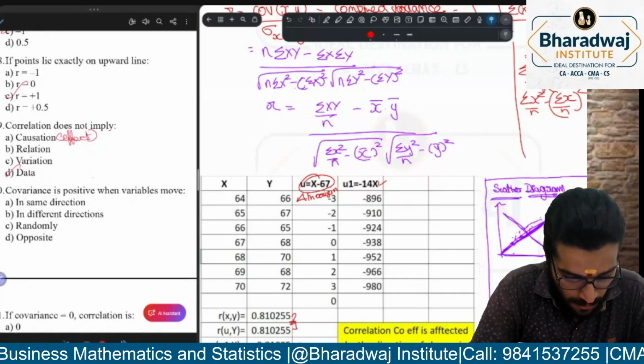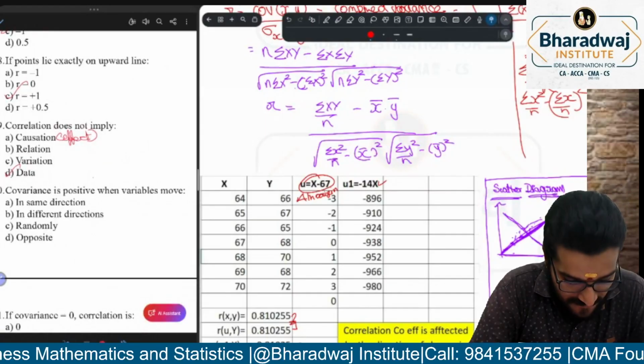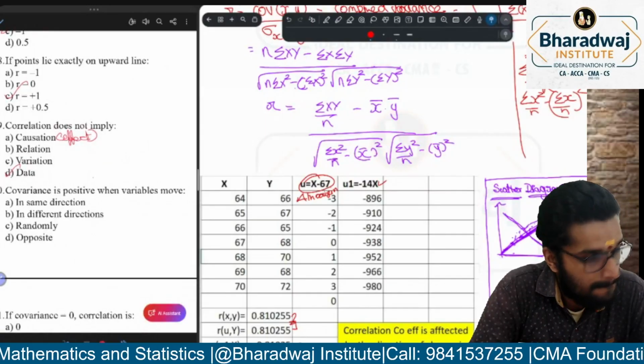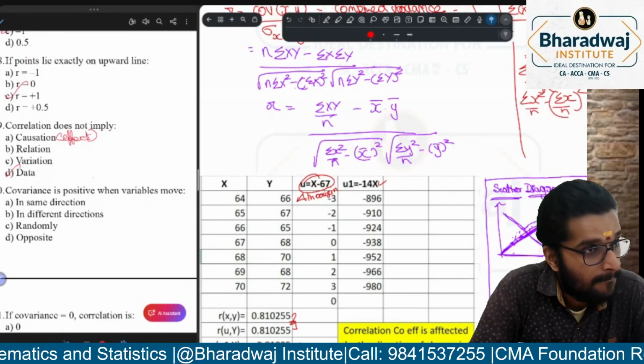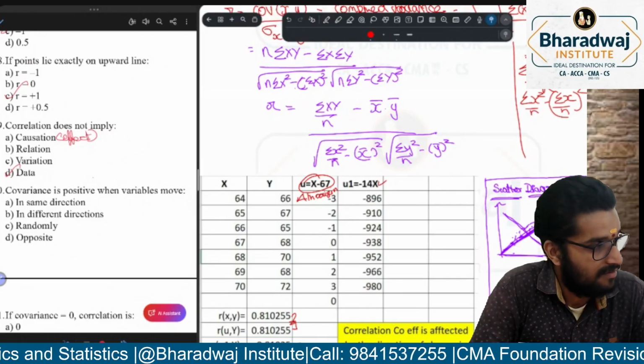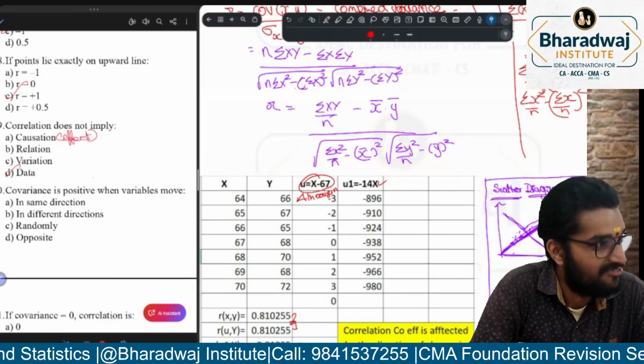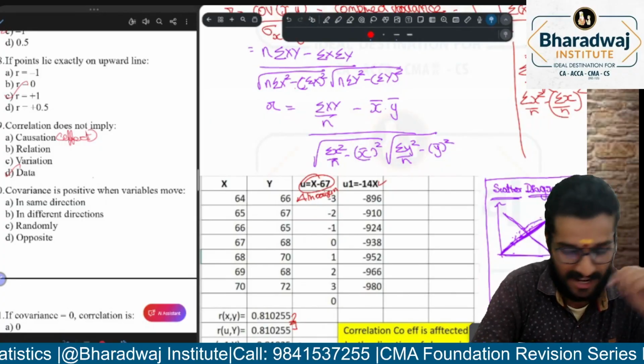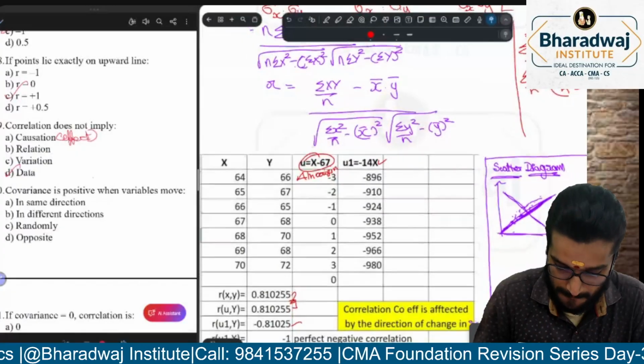Covariance is positive when the variables move in... Tell me, you mentioned if it moves in upward direction, right? Let me take an example.